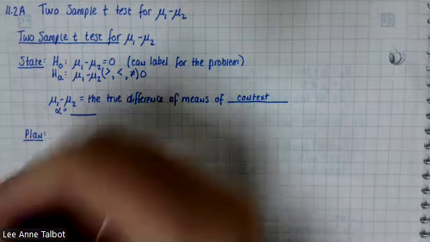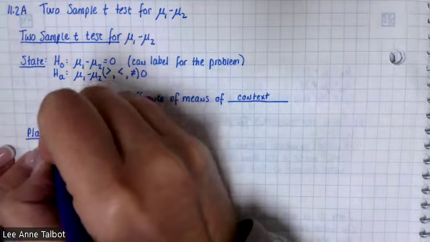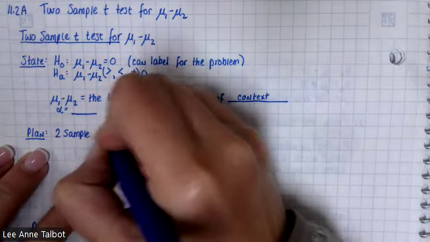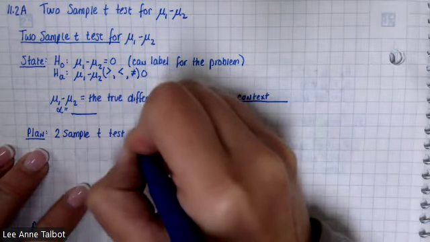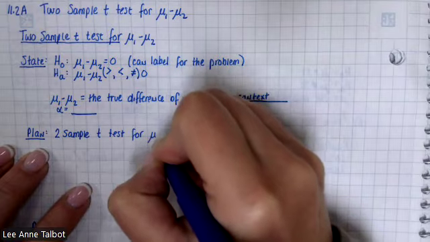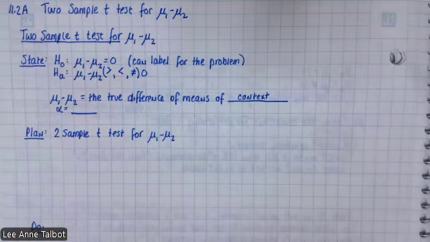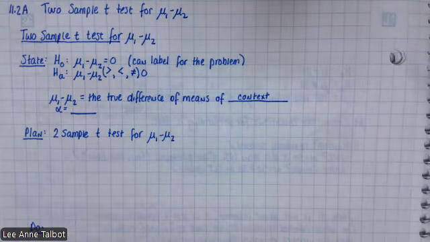Okay, plan. Two sample t-test for mu1 minus mu2. This one I'll leave as 1 and 2 because that's like a method. It's a title.